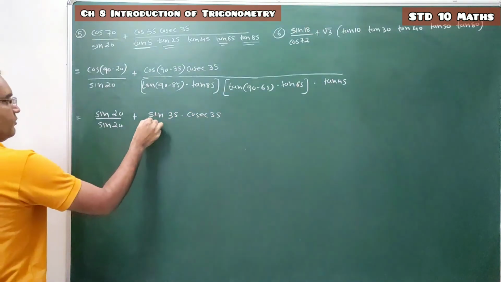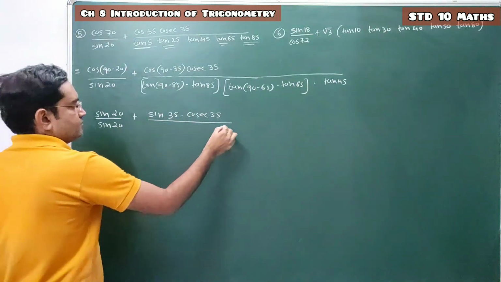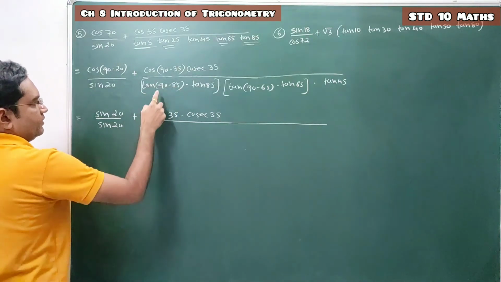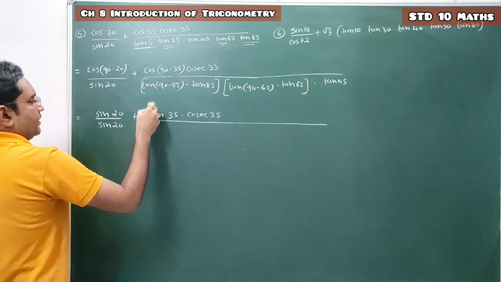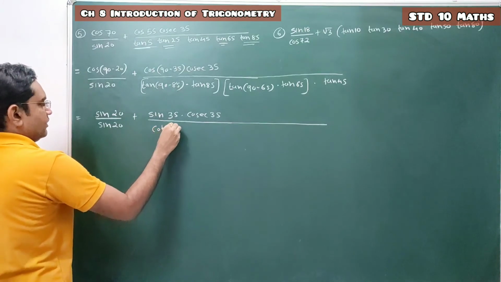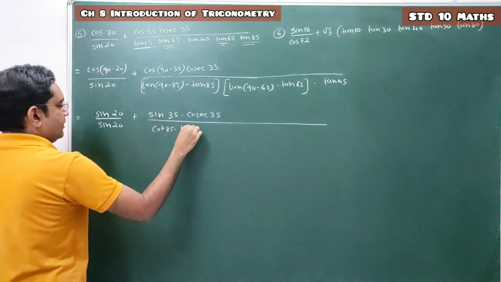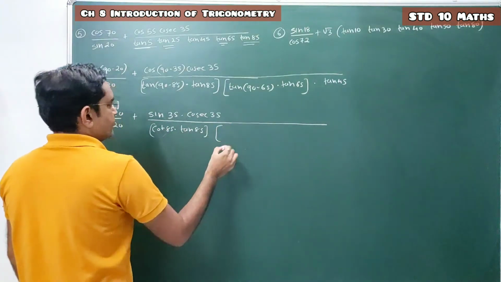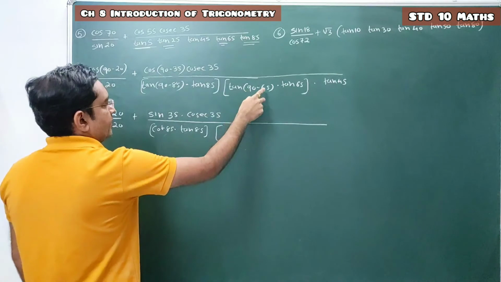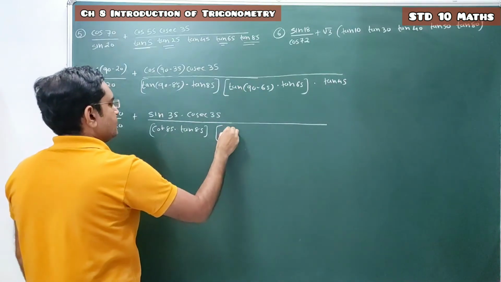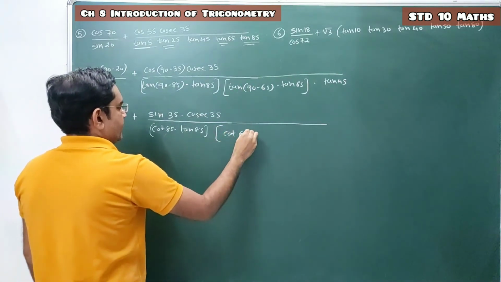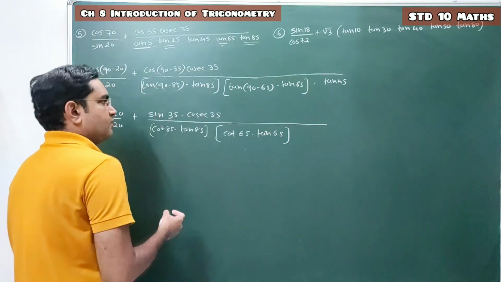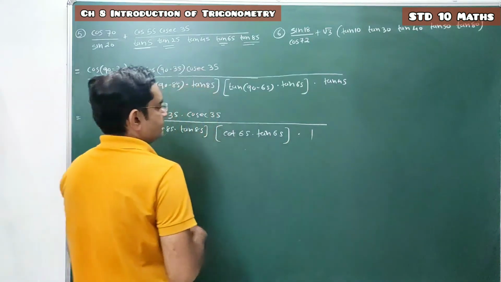This sin and cosec are reciprocal of each other, upon tan (90 minus 85). The complement of tan is cot 85 into tan 85. So tan 85 and cot 85 are reciprocal of each other. Again the complement of tan (90 minus 65) is cot 65 into tan 65, which is the reciprocal of cot, into tan 45, which is 1.